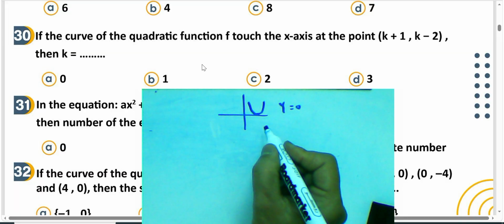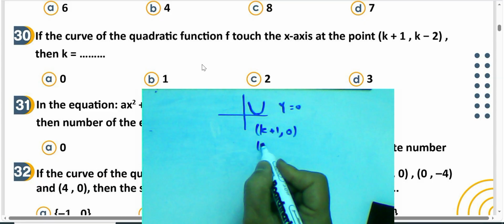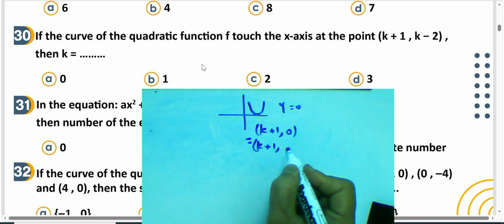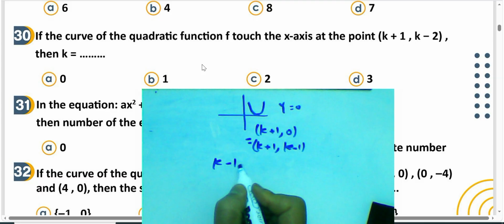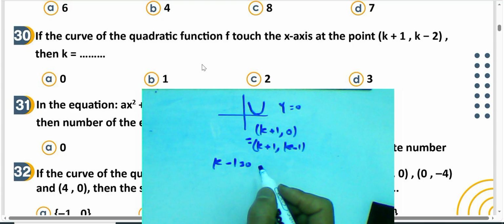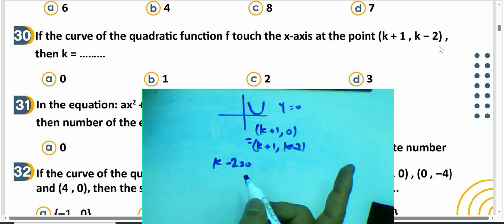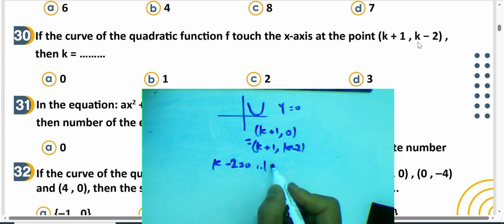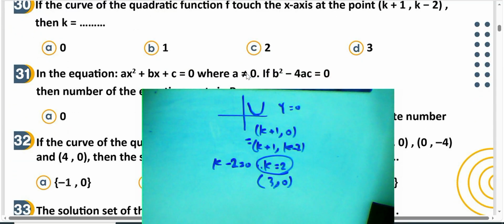Then the point will be (k plus 1, 0). Then k minus 2 equals 0, so the value of k equals 2. Then the point will be 2 plus 1 is 3, and 2 minus 2 equals 0, so the point will be (3, 0). So the value of k equals 2. He asked about the value of k, and the value of k equals 2.